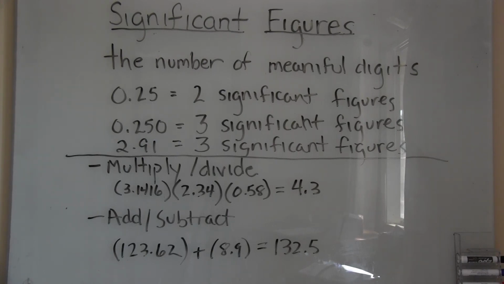So in our example, we have 123.62 plus 8.9, and 8.9 has only 1 significant figure to the right of the decimal point. Therefore, our answer can have no more than 1 significant figure to the right of the decimal point.